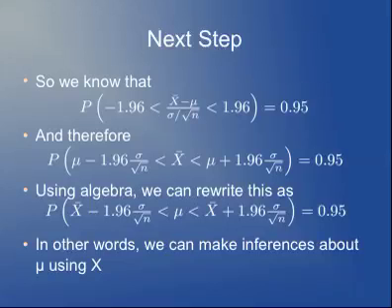Then if you take that mean minus 1.96 times sigma over root n and the mean plus 1.96 times sigma over root n, then 95% of the time when you do this, that interval will contain the true population mean mu. So even though this true population mean is unobserved, we can still find a confidence interval for that unobserved mean.